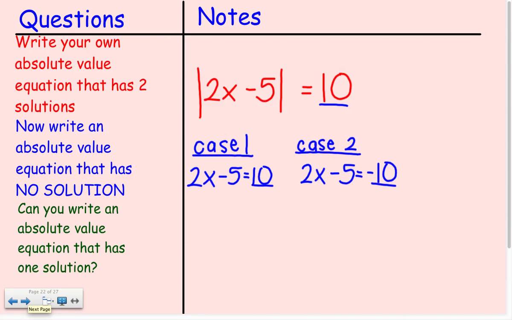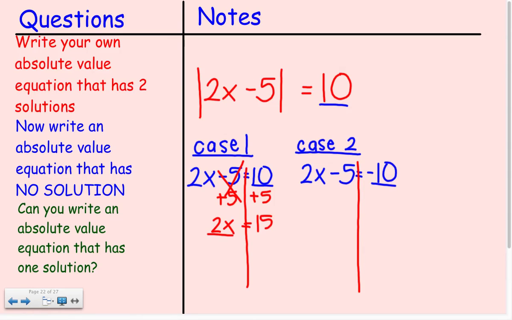I can draw my train tracks for both equations and solve both of them. Add 5 to both sides. 2x equals 15. Break up my couple, and I'm left with x equals 7.5. So there's one of my solutions.